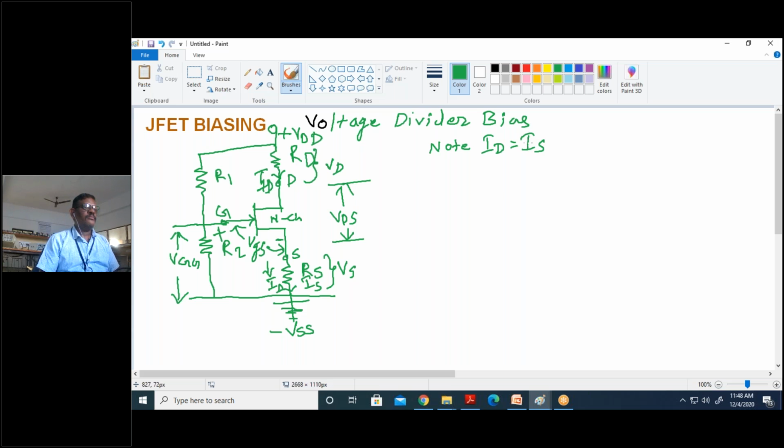Now source voltage VS is equal to ID into RS. Again note down in bracket, IS is equal to ID.